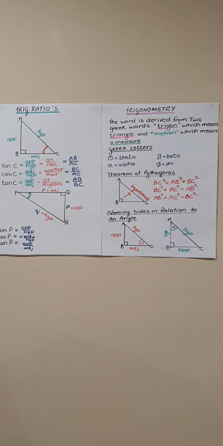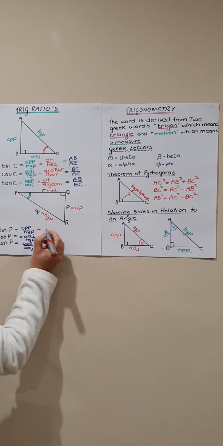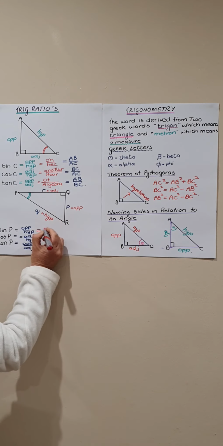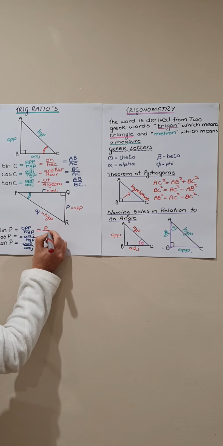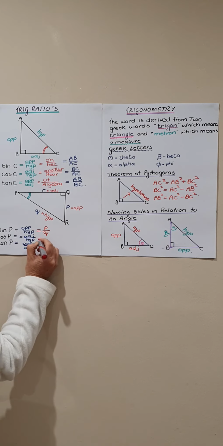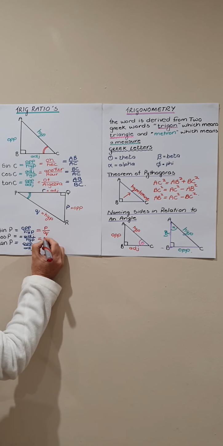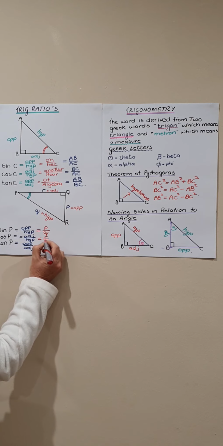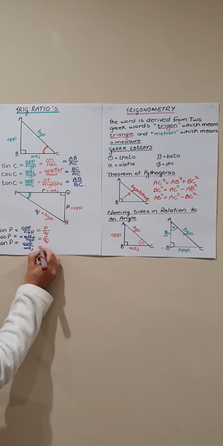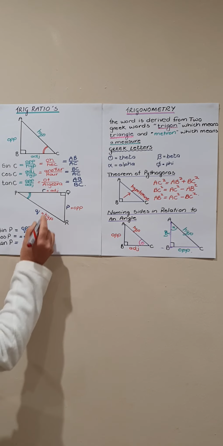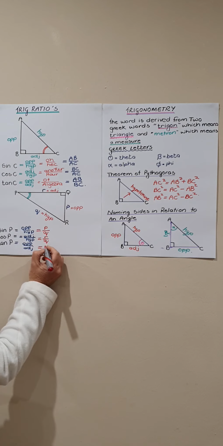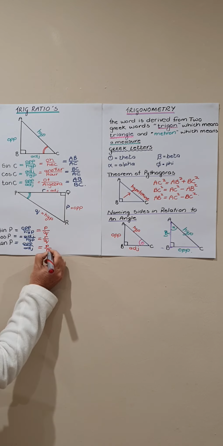So now if we're going to write those in terms of the baby letters, sine of P is opposite, which is p over hypotenuse, which is q. Cos is adjacent, which is r over hypotenuse, which is q. And tan is opposite, which is p over adjacent, which is r.